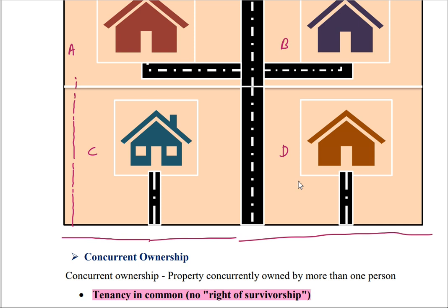So later, A can, of course, claim a claim on this way. Okay, this is called right of way easements.